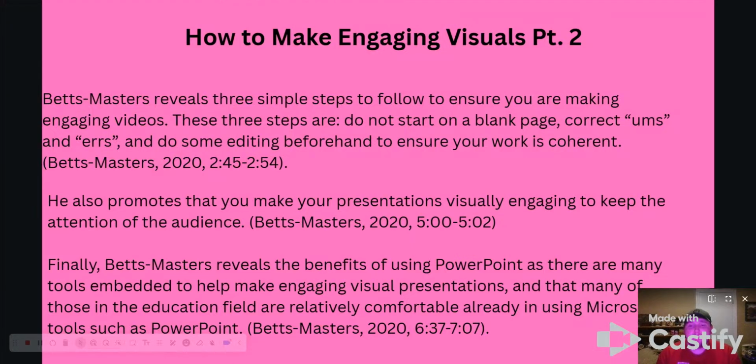And finally, he reveals the benefits of using PowerPoint, as there are many tools that are embedded within the program that help make engaging visual presentations. And at the same time, there are a large majority of teachers who are very comfortable using PowerPoint presentations and Microsoft tools through Microsoft Office.